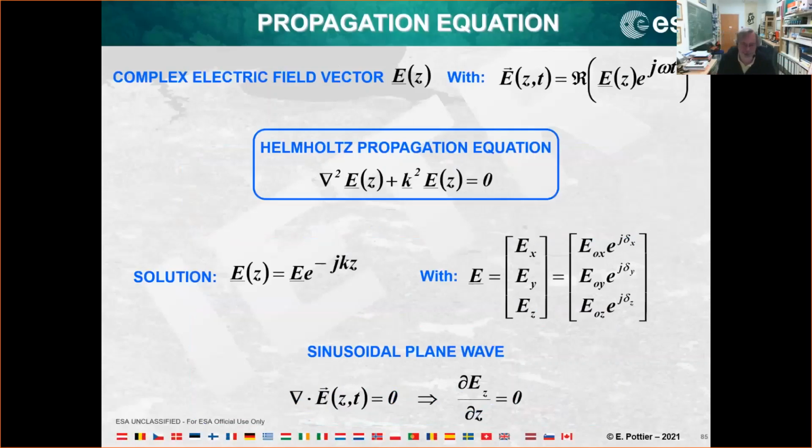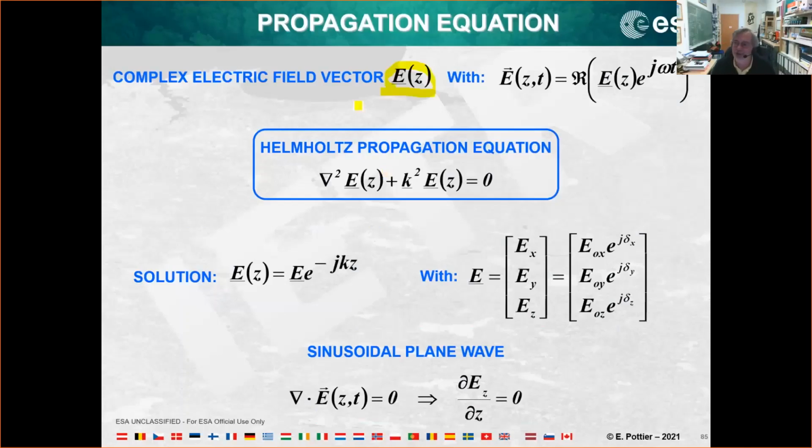And here we are going to introduce a complex representation of the vector, of the field, and the name is what we call the Jones vector.